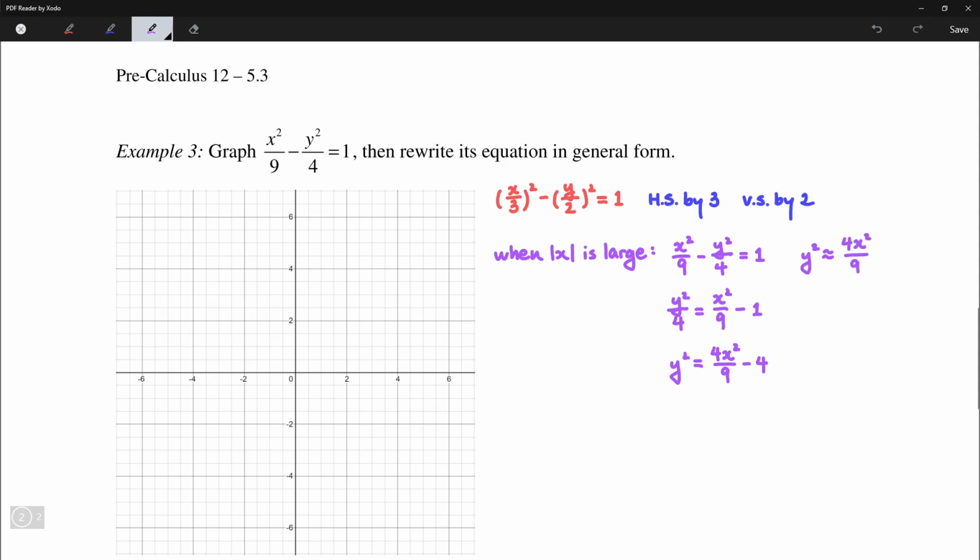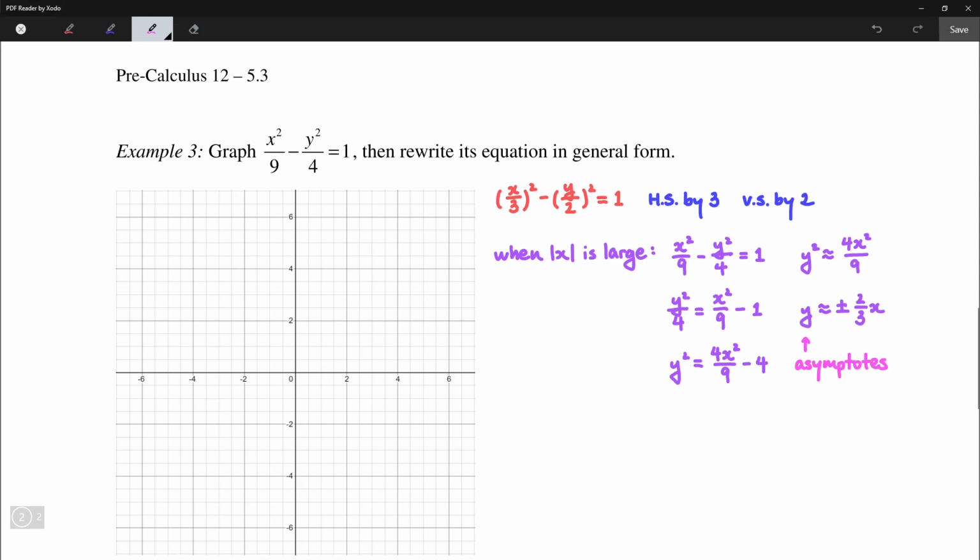And finally, if we take the square root of both sides, we can find the asymptote. y is approximately equal to positive or negative 2 over 3x. So these are the asymptotes. Now this is the very formal way of finding the asymptotes. There is a slightly quicker way of finding the asymptotes, which we'll go over in the example below.